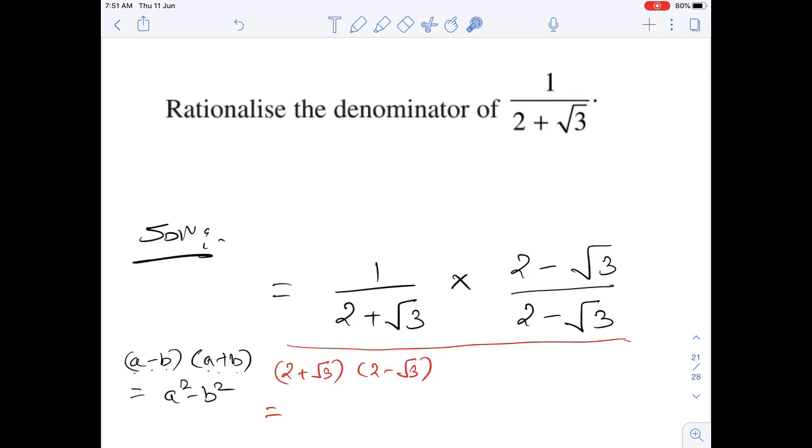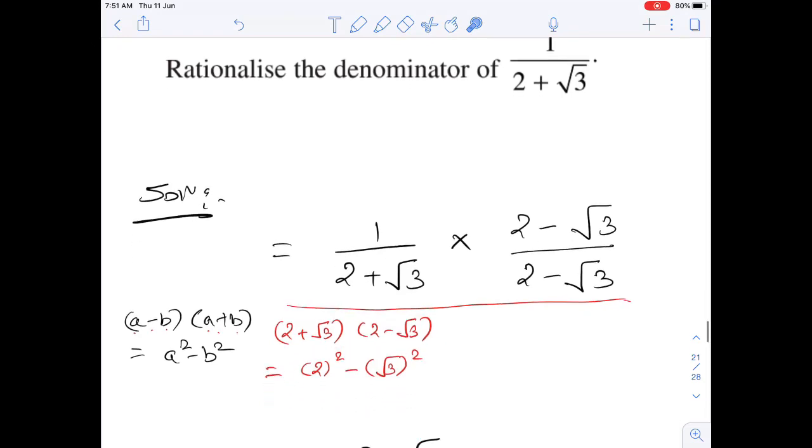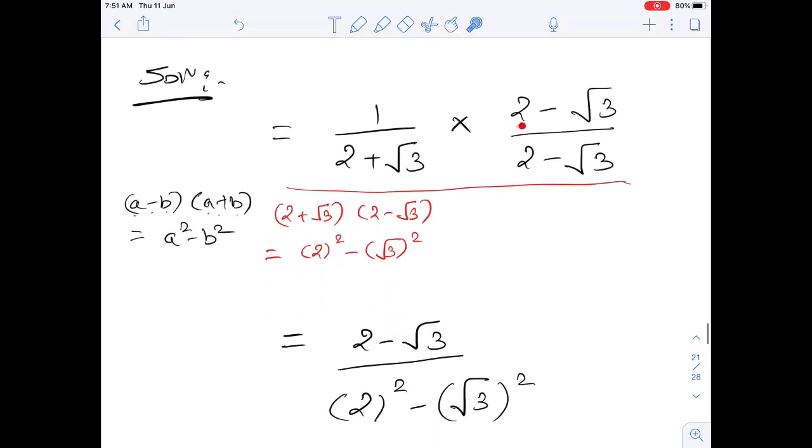So now we have written it as a square minus b square. So here also we can write the first term, that is 2 square minus root 3 square. We are going to use the same further. So what we have done: 2 minus root 3 into 1 gives 2 minus root 3, and 2 plus root 3 into 2 minus root 3.